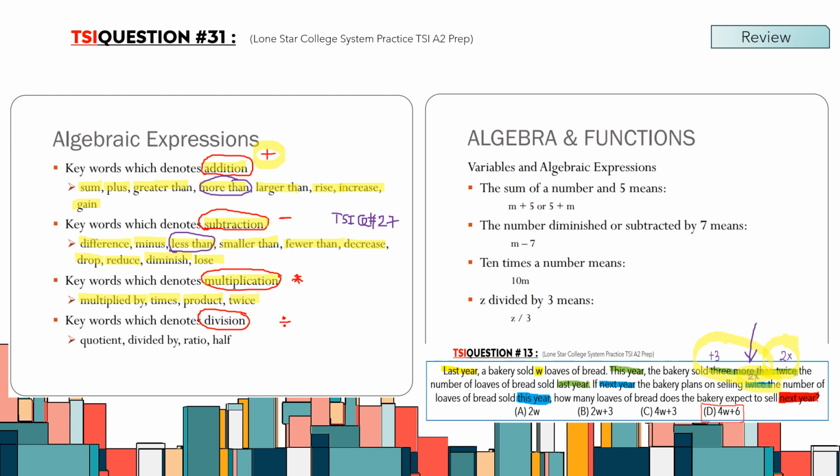So the keyword twice means double, means multiply by 2. For multiplication, they can use the word double, which means multiply by 2, or triple, which means multiply by 3. The next one is division. Division can use the keywords quotient, divided, ratio, half.